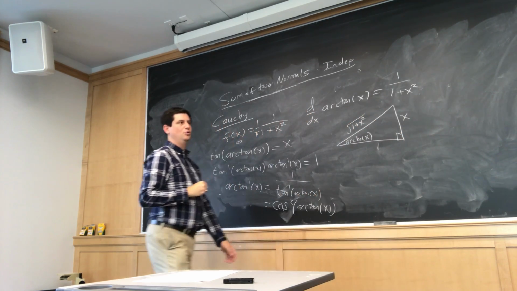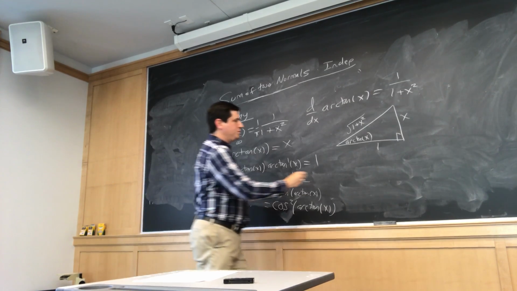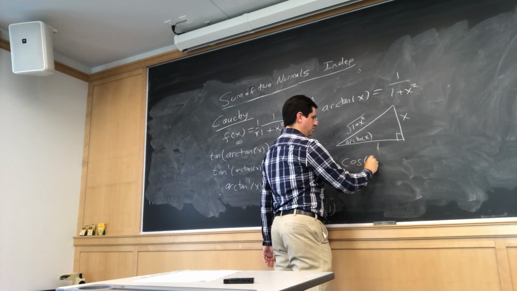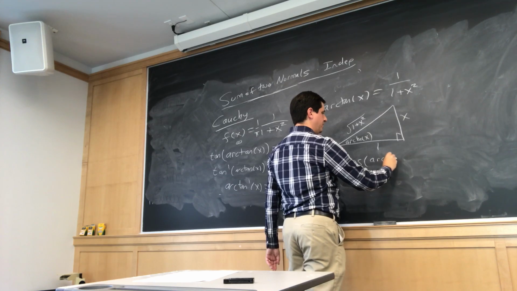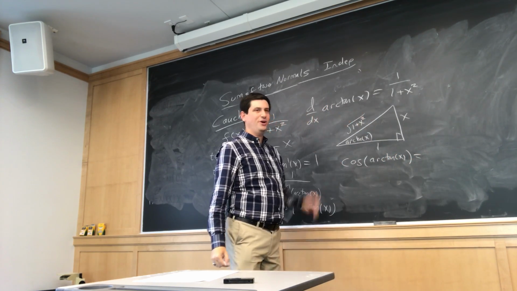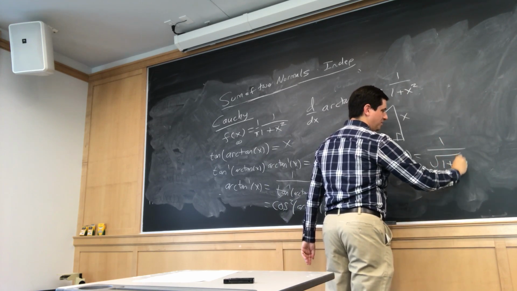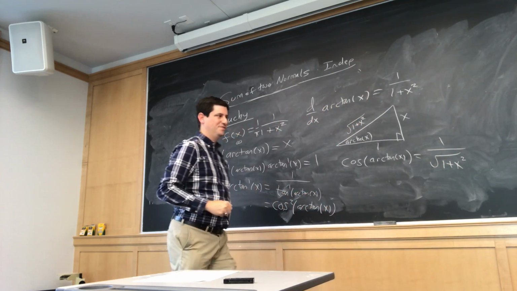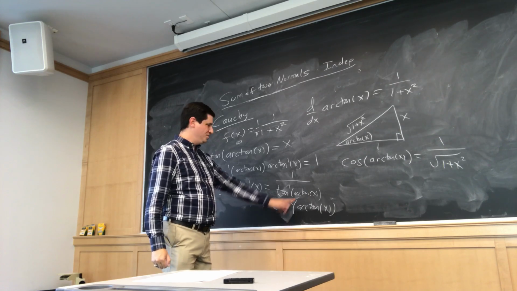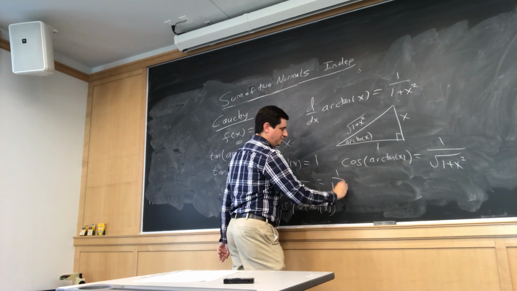We always put the 1 before x squared. So, what's the cosine of arctangent of x? Well, cosine is adjacent over hypotenuse. So it's 1 over the square root of 1 plus x squared. And since we square it, we get arctangent prime is 1 over 1 plus x squared.